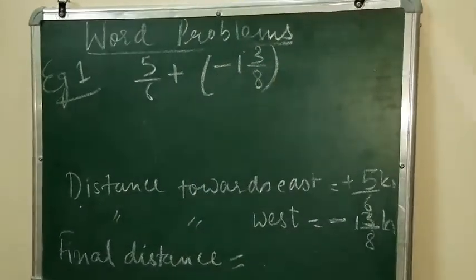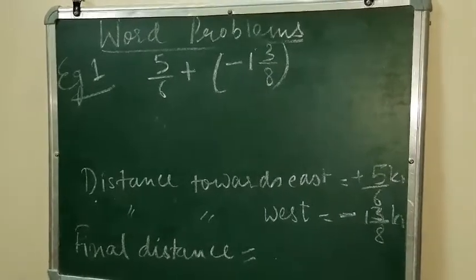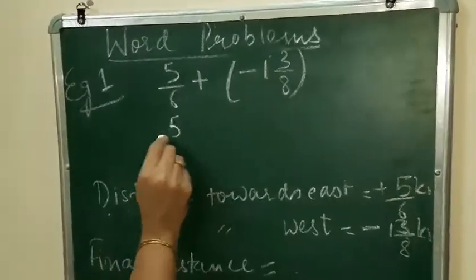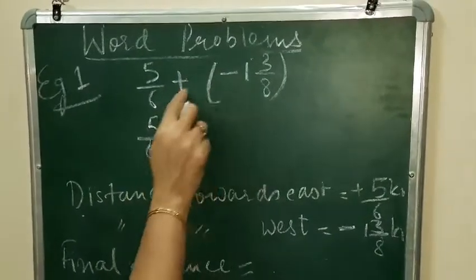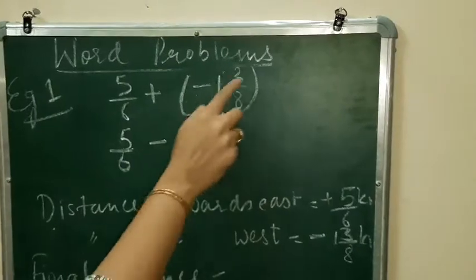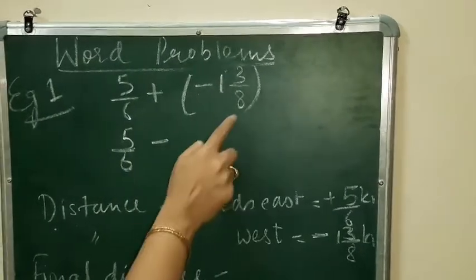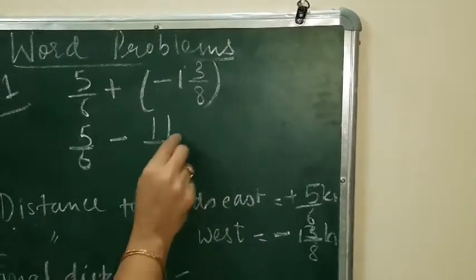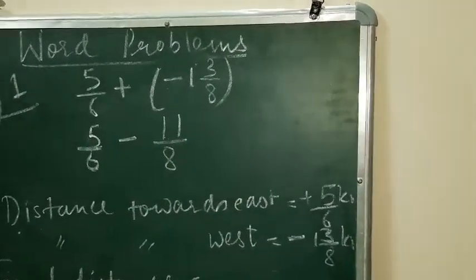Both are in kilometers, so there is no need to change anything. You just solve it. 5/6 plus into minus, minus. Now as it is a mixed number, we'll just convert it into improper. 8 ones are 8, 8 plus 3, 11. So it will be 11/8.